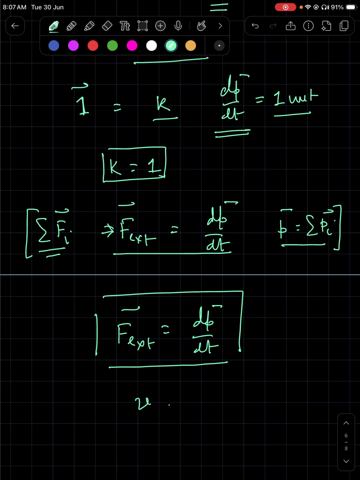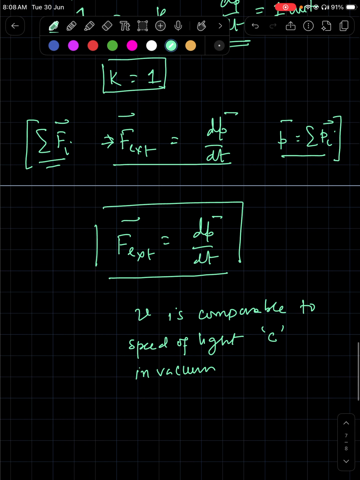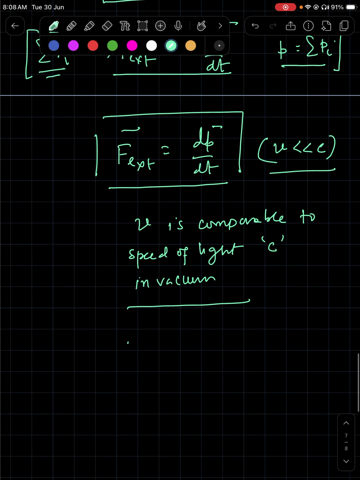So if the velocity v is comparable to the speed of light in vacuum, we cannot apply this Newton's law. So here is a hidden assumption: the velocity of the particle is very much less than c. Okay, so you have to remember this also.